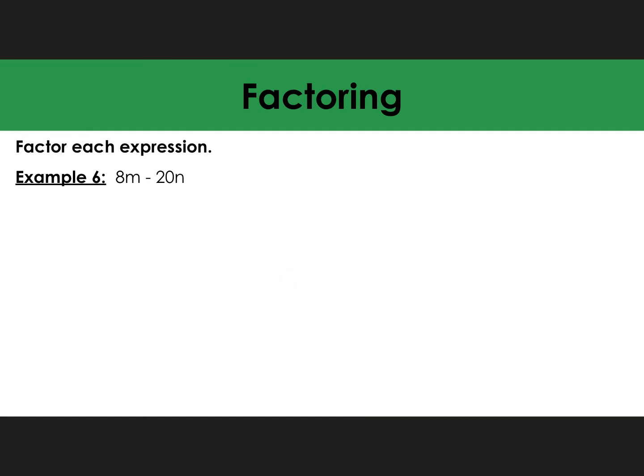Factor each expression. So 8m minus 20n. I have 8m and it's actually a negative 20n. So what can come out of those? Let's try 4. 4 times what equals 8m? That would be 2m.